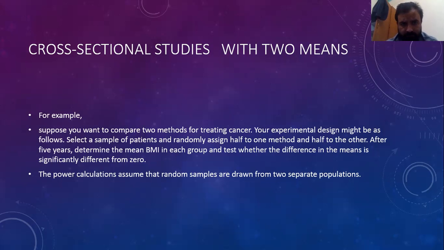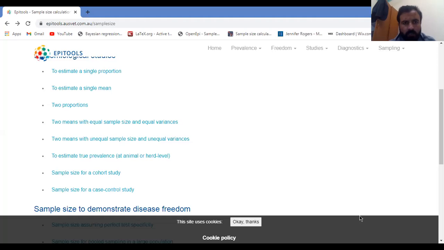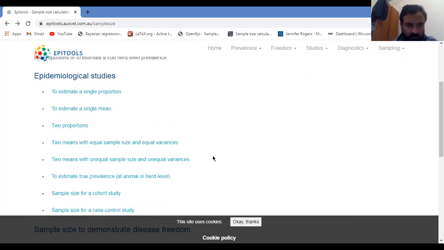So we conduct this calculation in EpiTools. I will share the screen where we calculate the sample size. Here we select the option of two means with equal sample sizes and equal variance. If you have unequal sample size and unequal variance, then you need to select the second option.